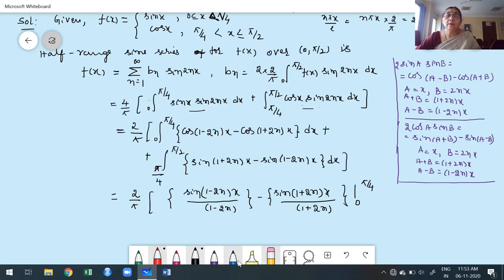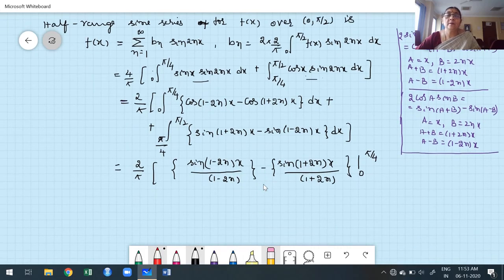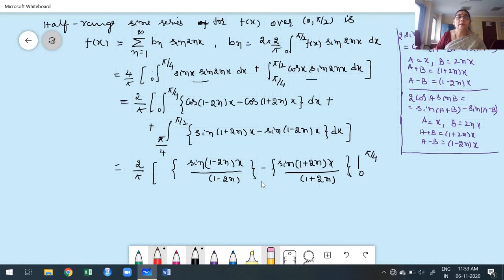In the next step, similarly I move to the second integral, plus. Now, what is the integration of sine? Minus cos of 1 plus 2n into x divided by the coefficient of x, 1 plus 2n, minus, again I integrate sine.